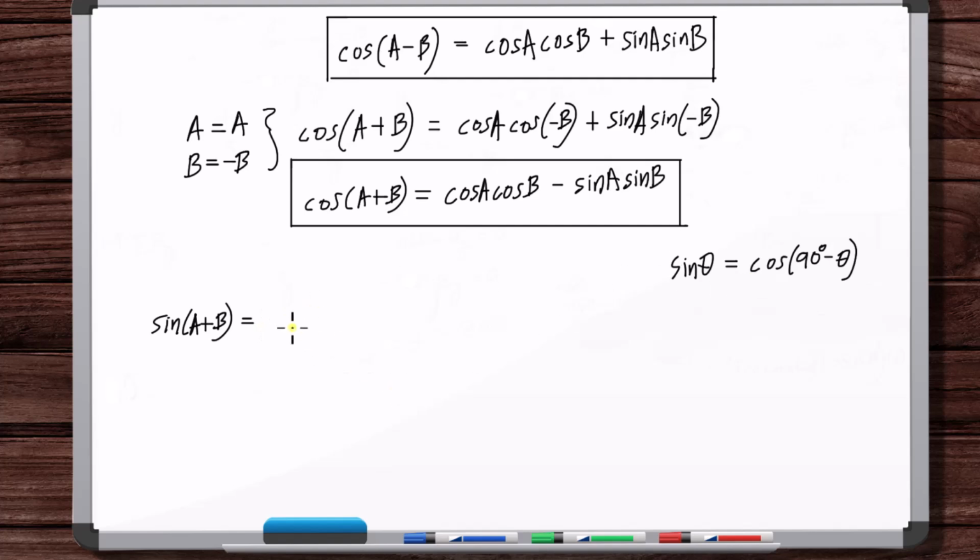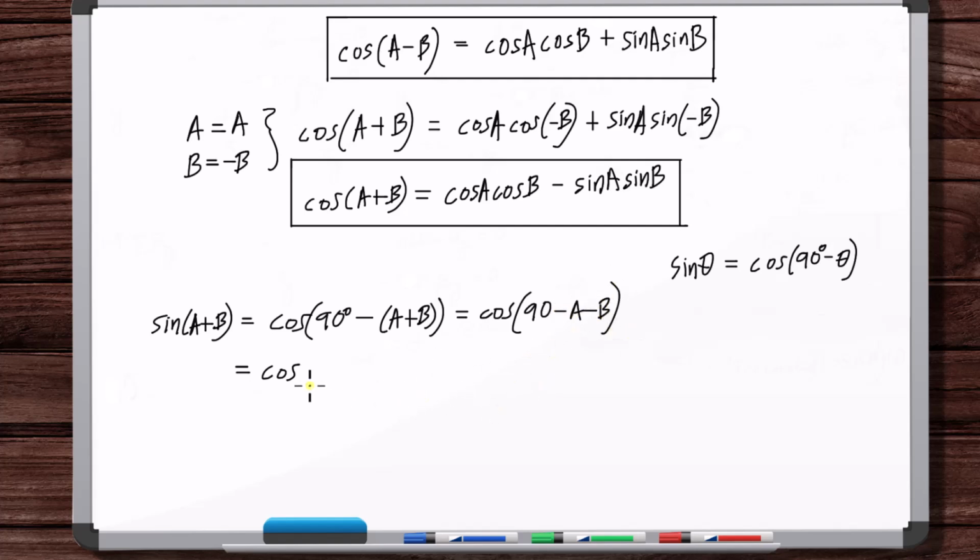So we're trying to derive sine of a plus b, which, using this cofunction identity, is going to be equal to cosine of 90 degrees minus. Okay, and now what we want to do is let's distribute this minus sign. So that would be cosine of 90 minus a minus b.